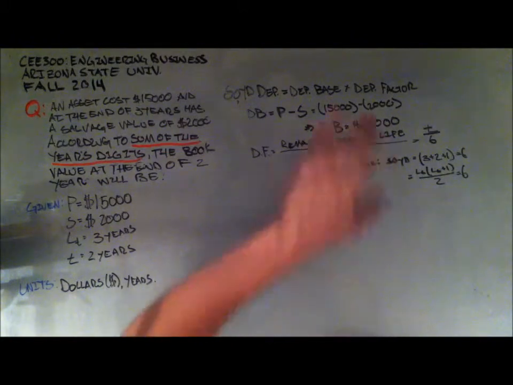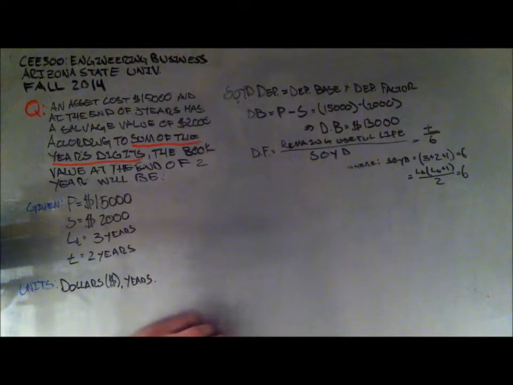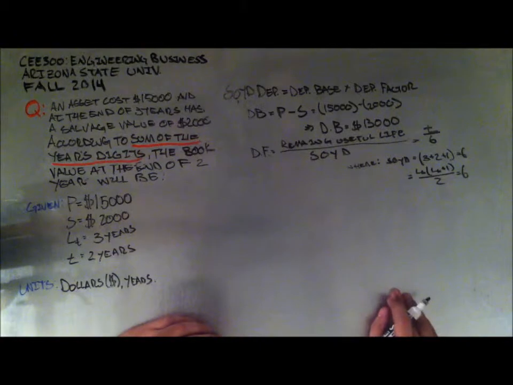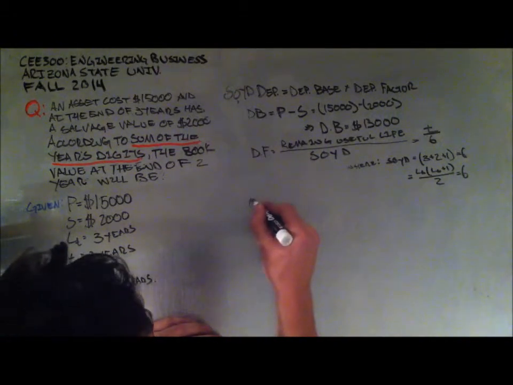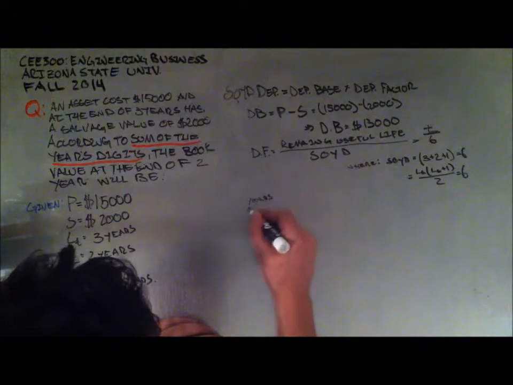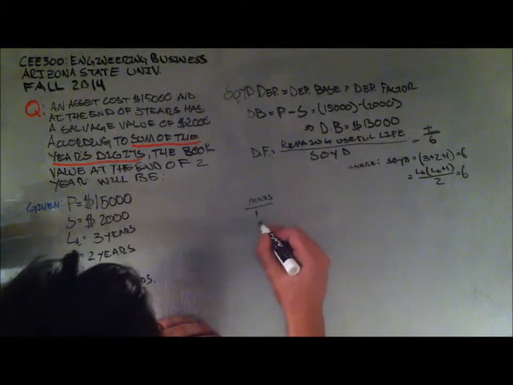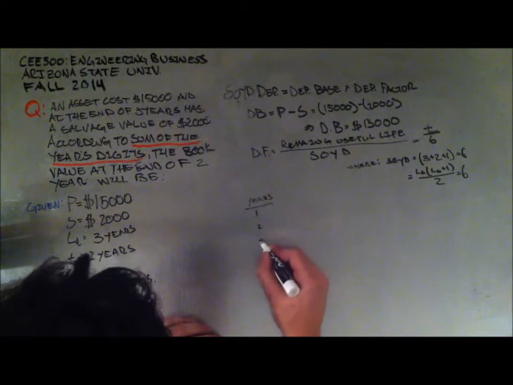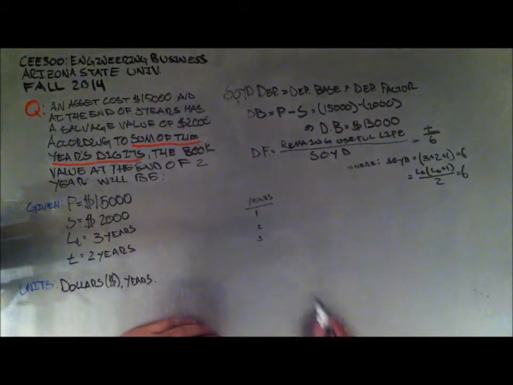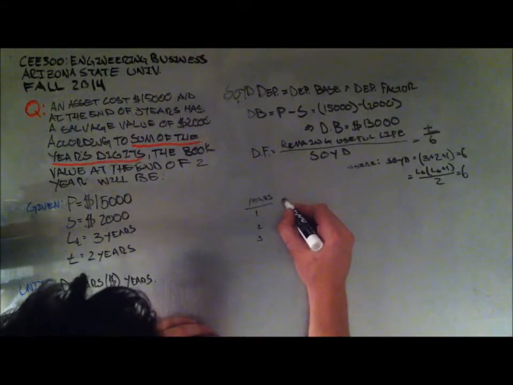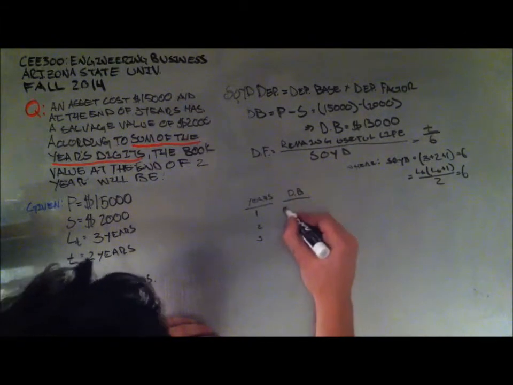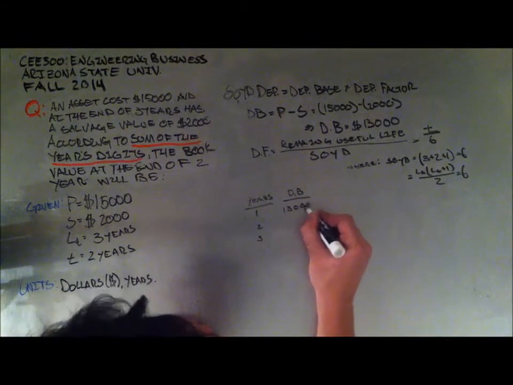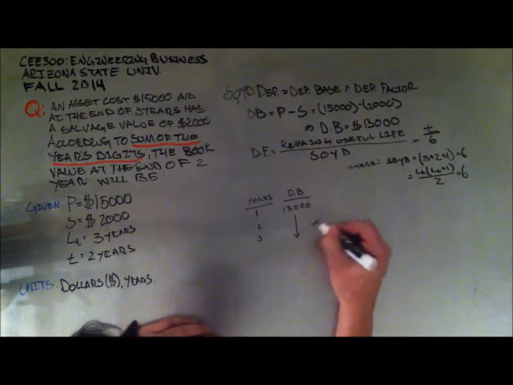So now that we have our two factors, we can set up a table in which we can calculate the depreciation for each year. So simply we'll have years, and we'll have year 1, year 2, year 3. We will have our depreciable base, which will be $13,000, and that will be the same for each year.